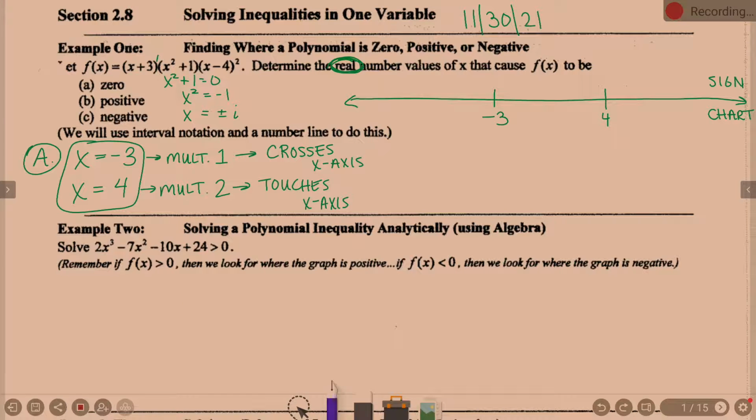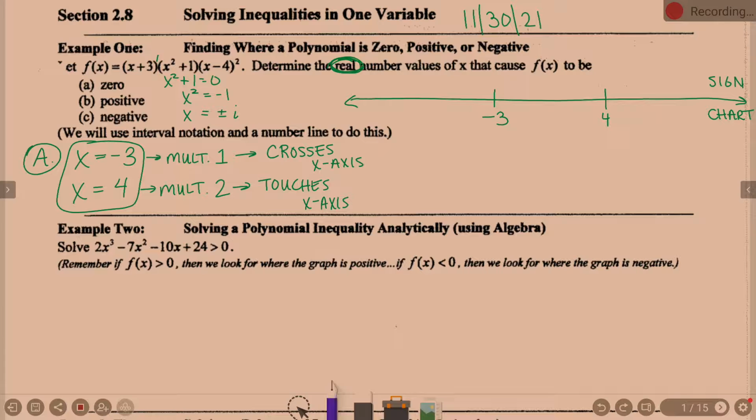What is a test value you would like to use to the left of -3? Okay, he says -8. When I say pick a number to the left of -3, what are we saying? He said -8.